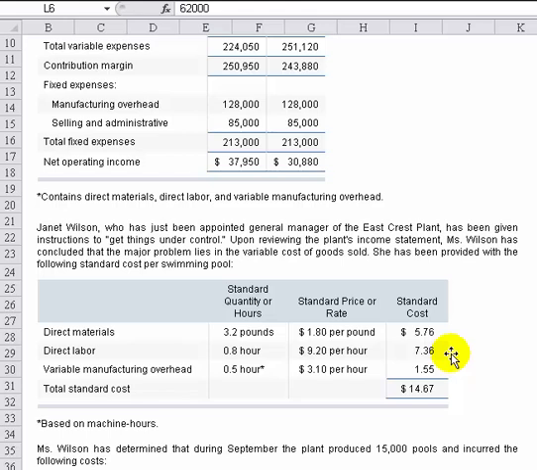So that's where the $7.36 comes from. And then the variable manufacturing overhead is developed at a standard of 0.5 hours, so it's based on machine hours times $3.10, the rate per machine hour. So variable manufacturing overhead is $1.55. Therefore, the total standard cost is $14.67 per pool.